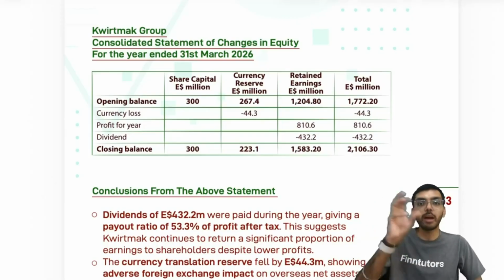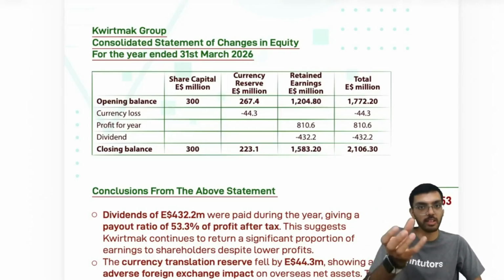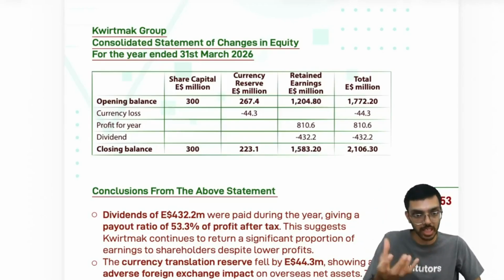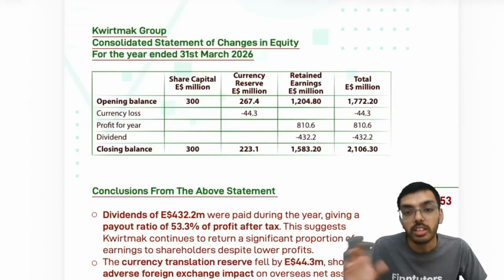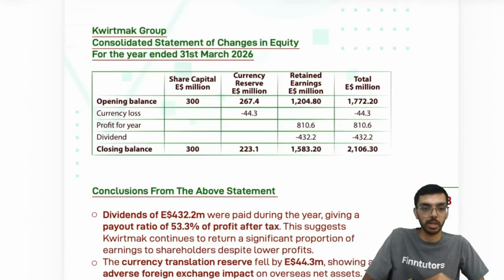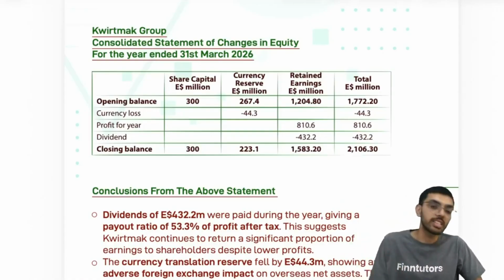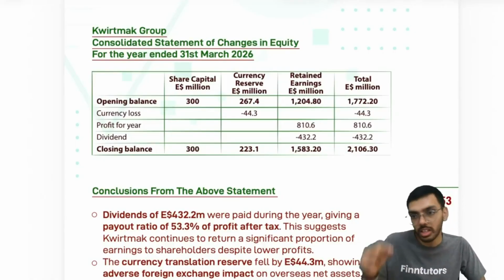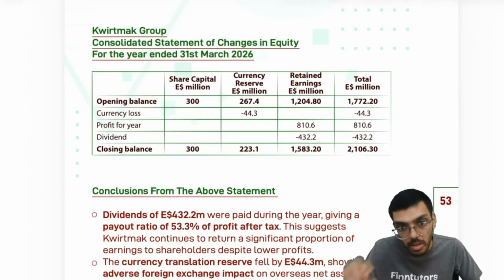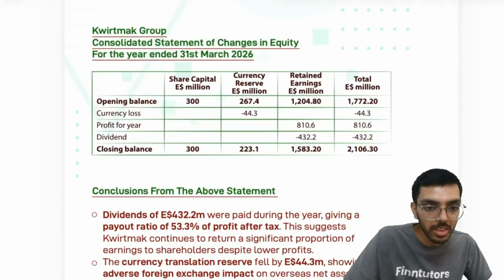When this conversion happens for these assets, a book entry occurs because the value of the currency will keep changing. This year there was a currency loss when the translation happened. So translation risk management, transaction risk management, F3 syllabus, major topic, especially transactions. Translation happens within the books.